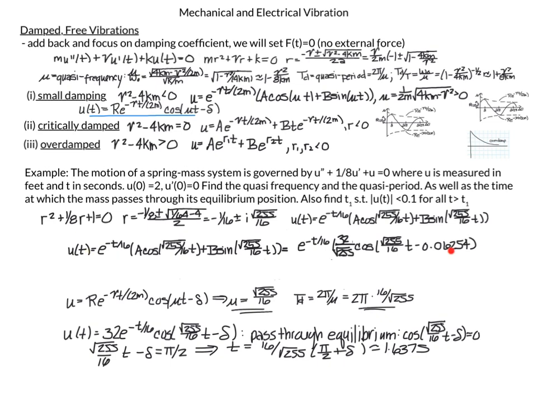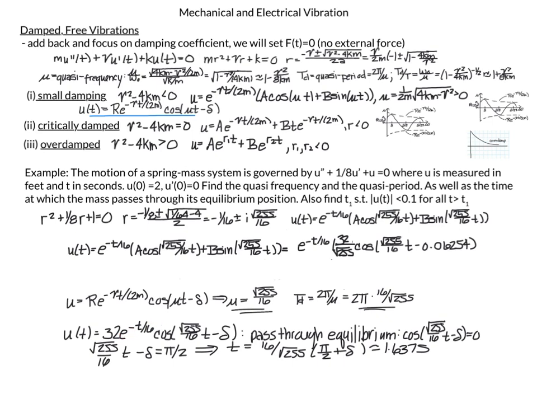So once I have my equation for u of t, I can read off my omega, which is square root of 255 over 16. I can then calculate my quasi-period, which is equal to 2 pi times 16 over square root of 255. And last, to see where this passes through equilibrium, where we are at 0, the only way we can get this to 0, 32 isn't going to be 0.